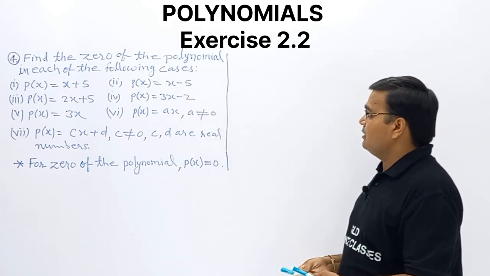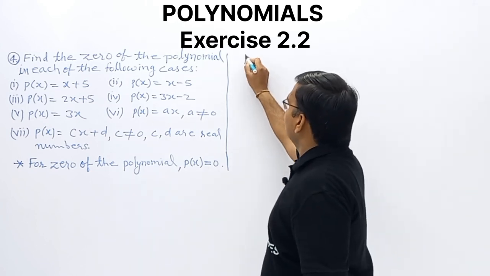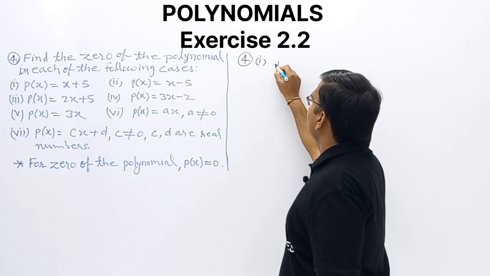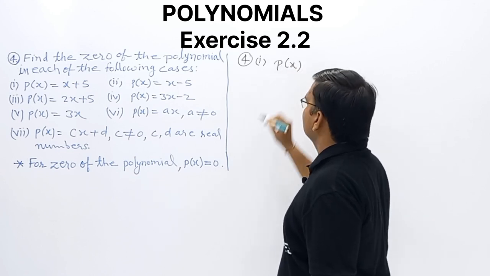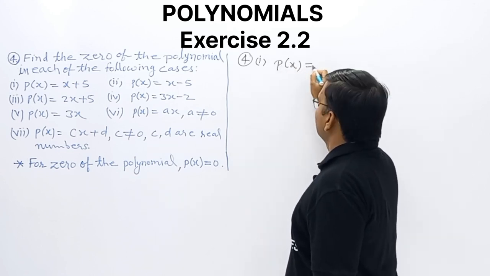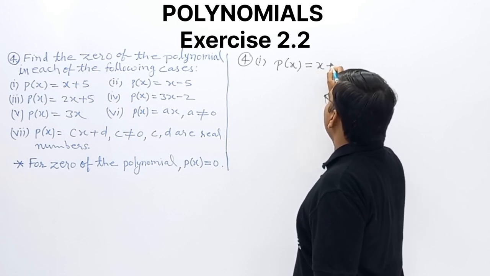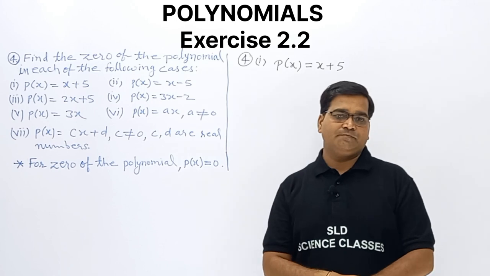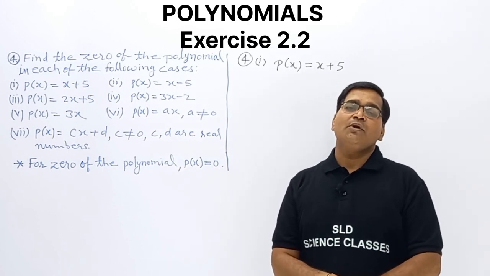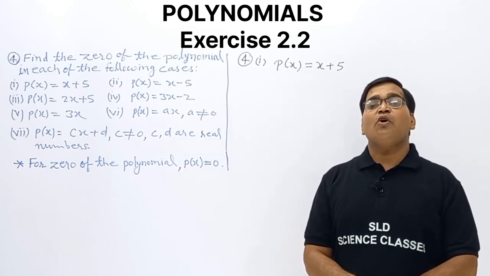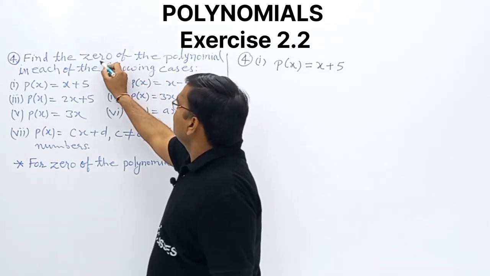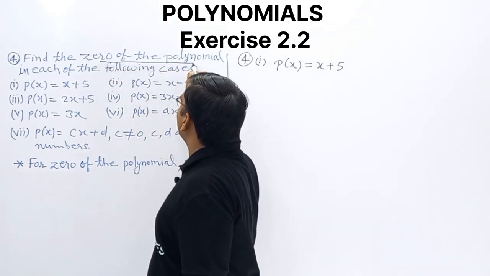Taking question number 4, the first one. What is this? P of x equal to x plus 5. This is one polynomial. Now for this polynomial, what will be its zero? We want to find the zero of the polynomial.